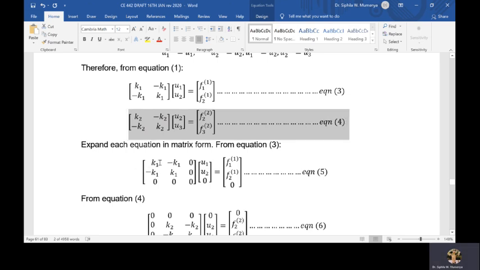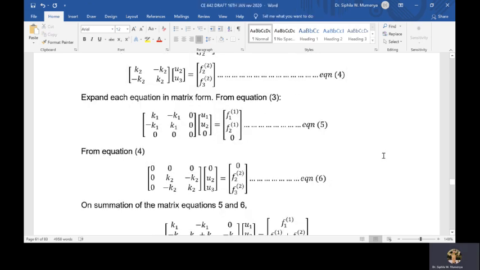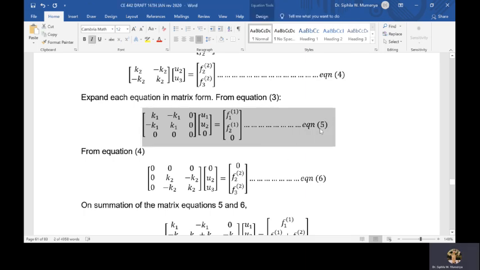We can expand equation 3, because remember equation 3 will also involve other nodes in the global system. So we can expand equation 3 by introducing an x row as shown. So equation 3 becomes the 3 by 3 matrix as shown in equation 5.